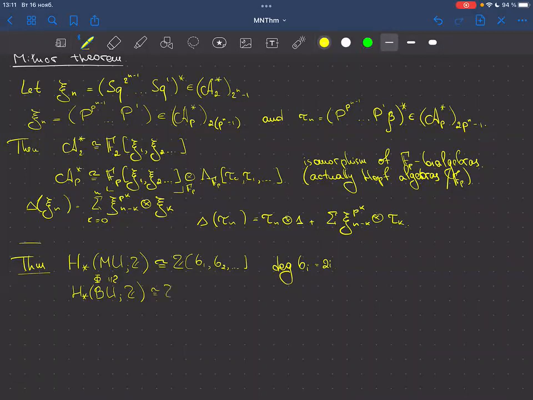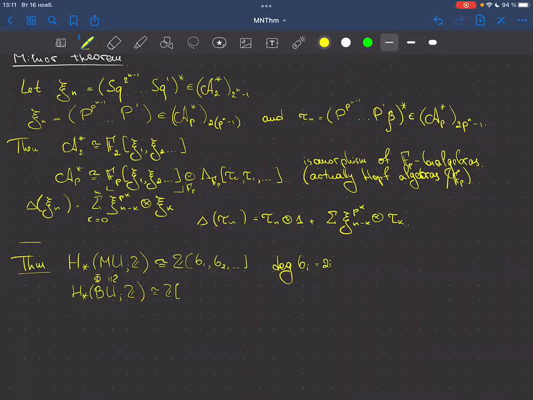Polynomial generators here are betas, which are dual to the powers of the first Chern class.